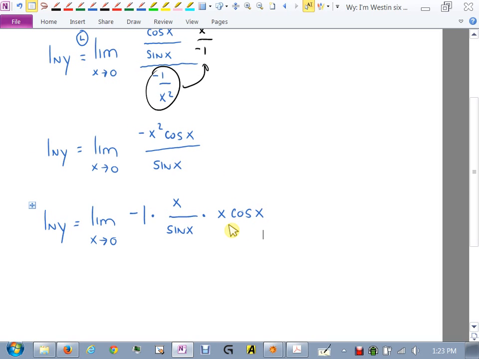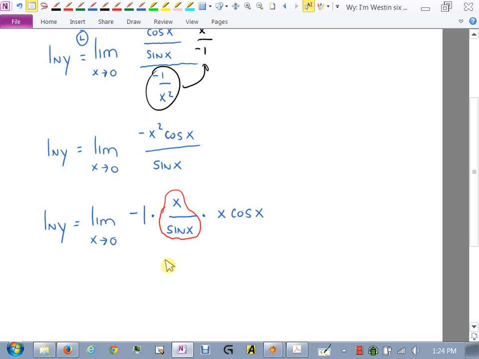So that's the same thing? Why would I want to do that? Yeah, what is this right here? That's going to go to 1. Remember, that was one of the ones we had on that quiz. I said, know these two limits. And I said it worked both ways. You could have sine junk over junk, or it could be the junk over sine junk. That'll go to 1 as long as the junk matched and as long as the junk was going to 0, which in this case it is.